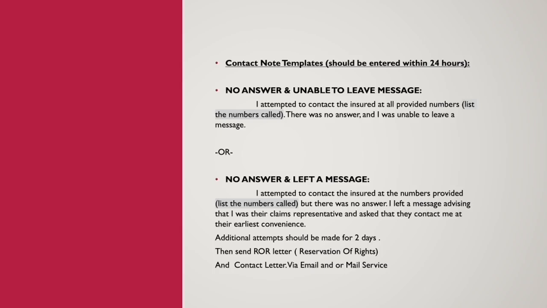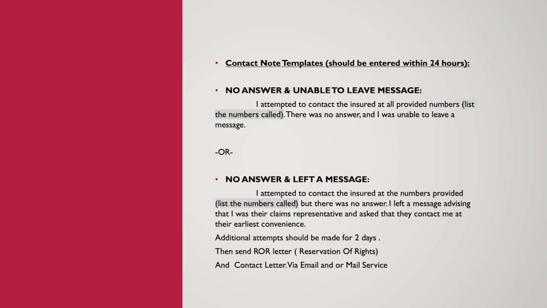I left a message advising that I was their claims representative and asked that they contact me at their earliest convenience. And then you want to make sure you make additional attempts for the next 2 days. And if your attempts are still unsuccessful, you want to send a reservation of rights letter and a contact letter.